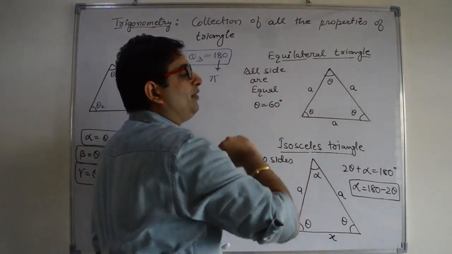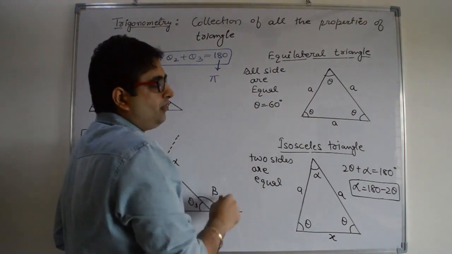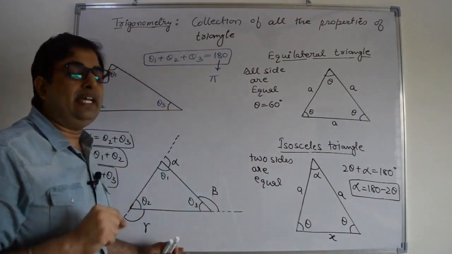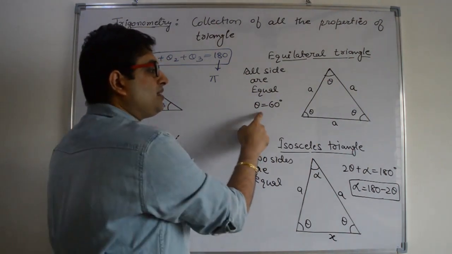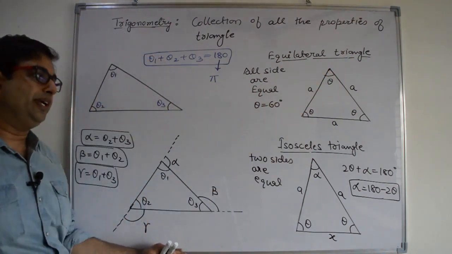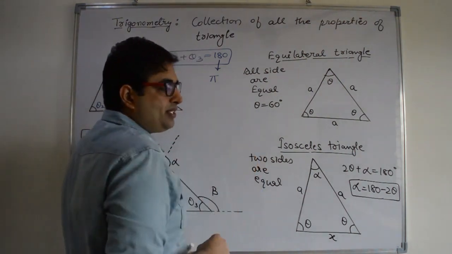Now equilateral triangle. Equilateral triangle means all sides are equal. If all sides are equal, then the interior angle is equal to 60 degree. All the 3 angles are 60 degree. Now the next triangle is isosceles.